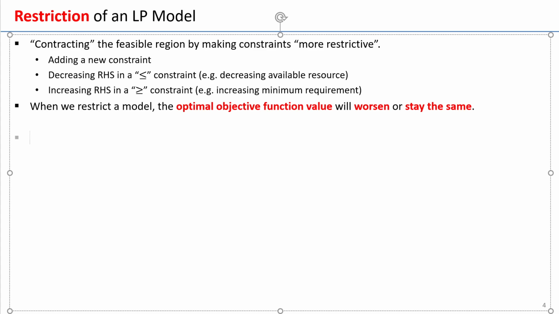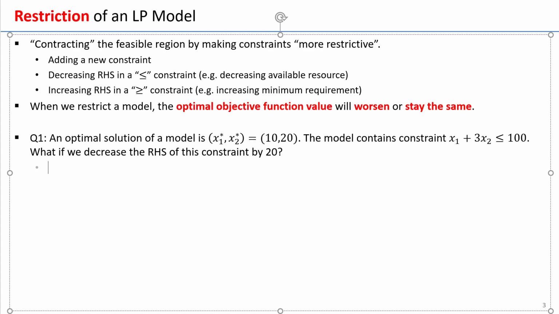So let's consider some examples. Suppose, again, we have a model that I don't have all the details for, but I know that the optimal solution of the model is 10, 20, and the model contains the constraint x1 plus 3 x2 less than or equal to 100. So what happens if we decrease the right-hand side of this constraint by 20?